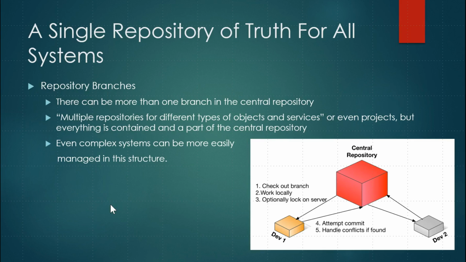There are different types of objects or services that can be a part of the repository, as I mentioned earlier, documentation for your projects. Everything goes in there. So this really enables complex systems to be managed more easily and more efficiently.